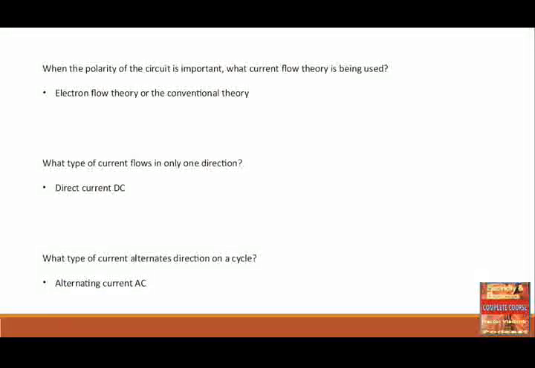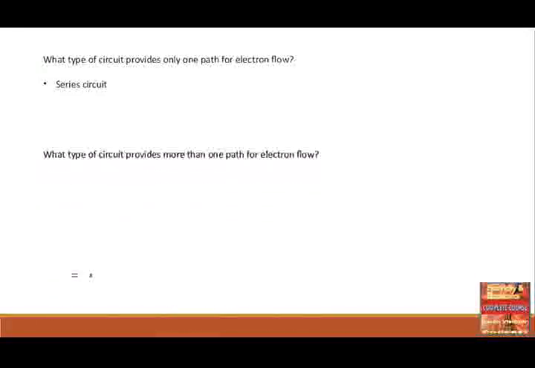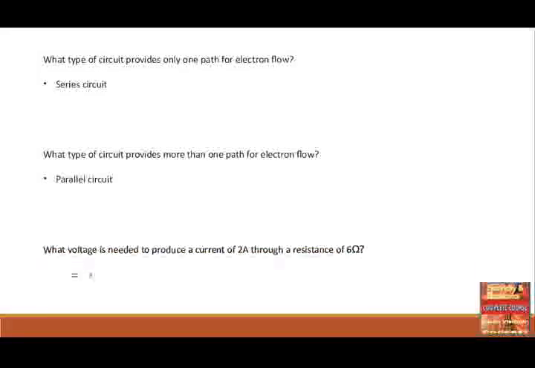Alternating current, or AC. What type of circuit provides only one path for electron flow? A series circuit. What type of circuit provides more than one path for electron flow? A parallel circuit.